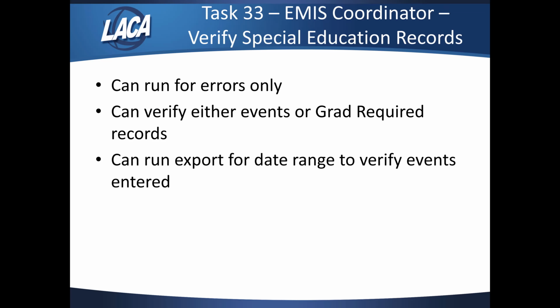You can verify either the grad events or the grad required records, and you can run an export for a date range to verify the events entered. That would be your better option. Run the export for July 1 through June 30, and it will pull all of your events and have your special ed go through the list to make sure that every student and all of their events are in there.